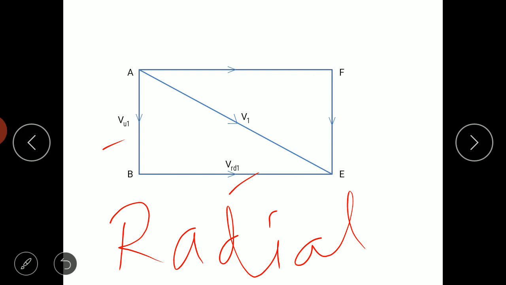So where are Vx1 and VRD1 going? They go as waste. The force created by Vx1 is taken by the thrust bearings, and the force created by the radial velocity component VRD1 will be taken by radial bearings or journal bearings. This is the basic part which you must know.